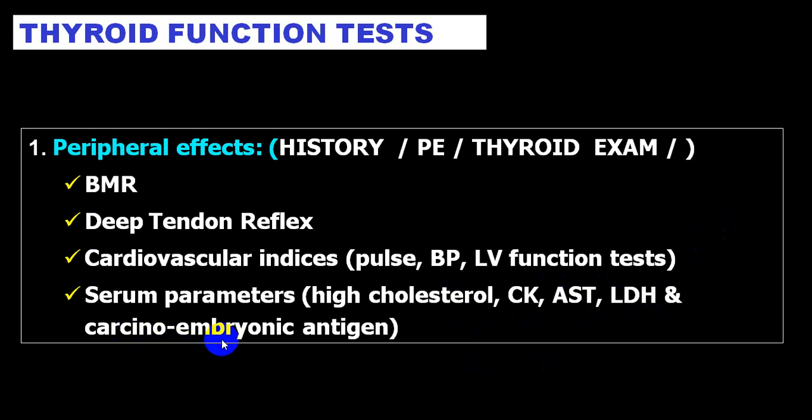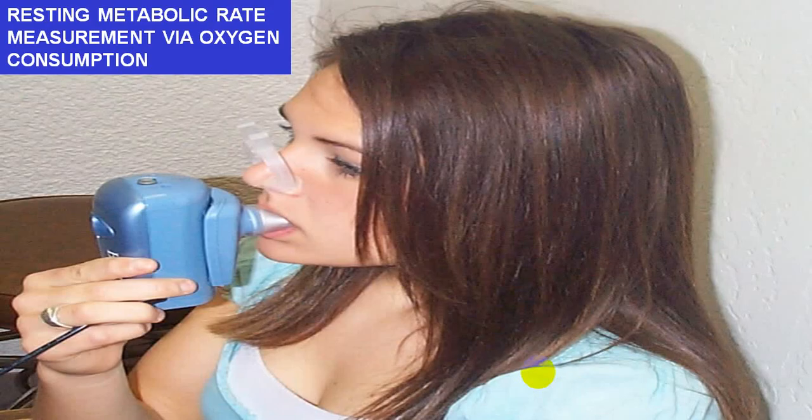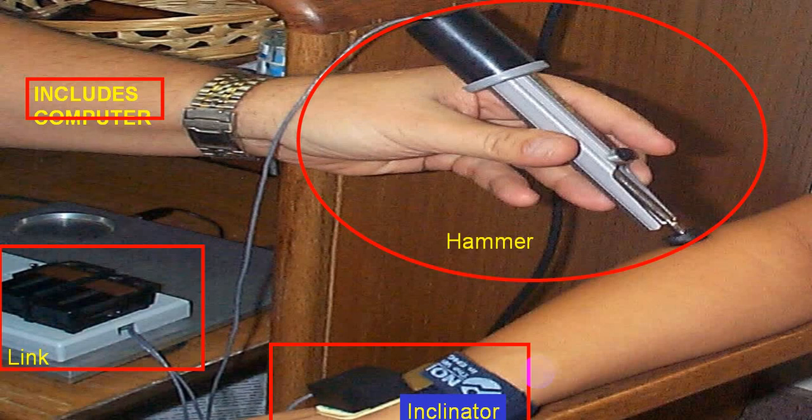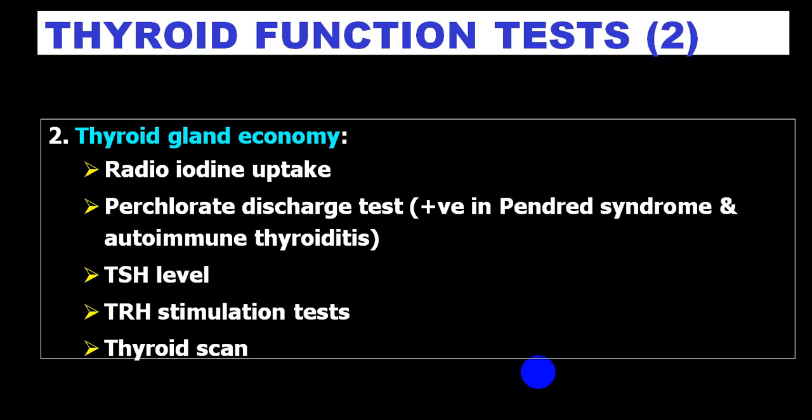You can even go for carcinoembryonic antigen, that is CEA, which is positive in some malignancies, including thyroid malignancy. This is a basal metabolic test you can perform. This is a reflexometer, and this is how you do it, in the biceps jerk or the knee jerk.